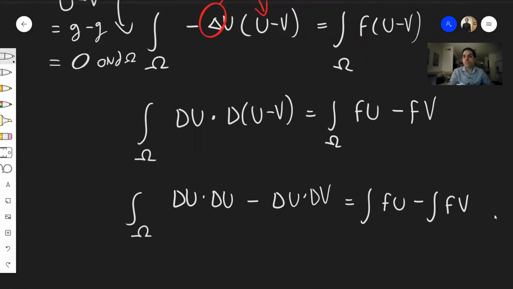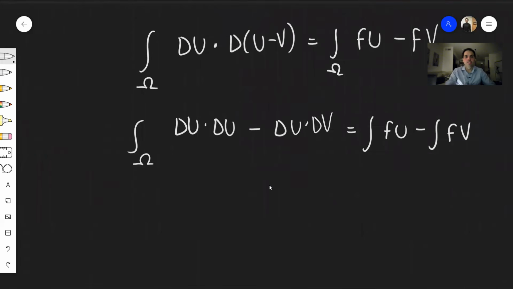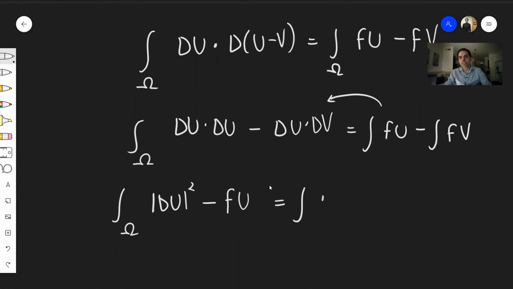All right, good. So ideally what we would like to do, let's put all the u's on one side, all the v's on the other side. So we get the integral of |du| squared, and then let's put fu here. So minus fu equals the integral of du dotted with dv minus fv.